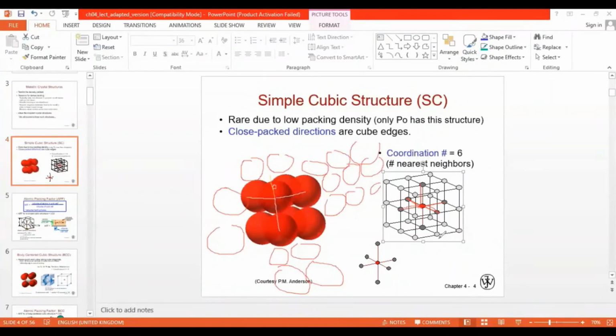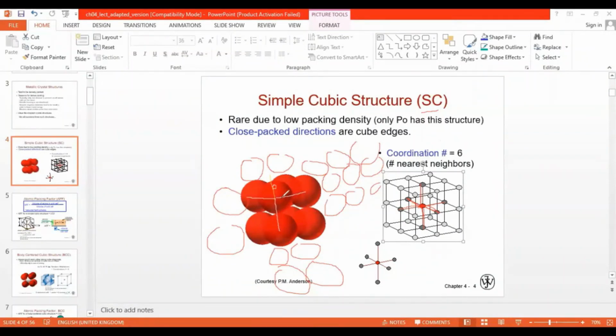And the bottom side one, that is this atom. So totally, an atom in simple cubic structure can be in contact with 6 atoms. I repeat, in simple cubic structure, any arbitrary atom can be in contact with 6 atoms.